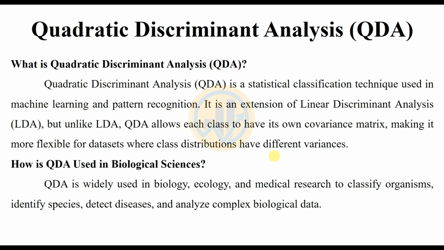What is quadratic discriminant analysis? QDA is a statistical classification technique used in machine learning and pattern recognition. It is an extension of linear discriminant analysis, LDA, but unlike LDA, QDA allows each class to have its own covariance matrix, making it more flexible for datasets where class distributions have different variations.